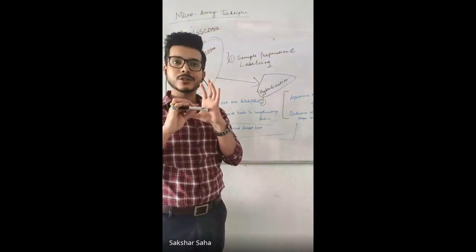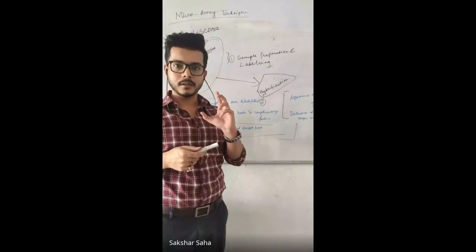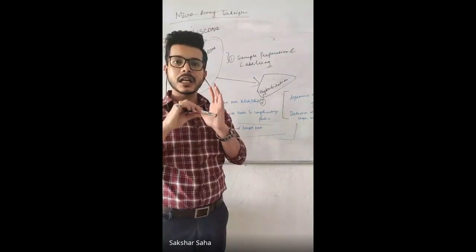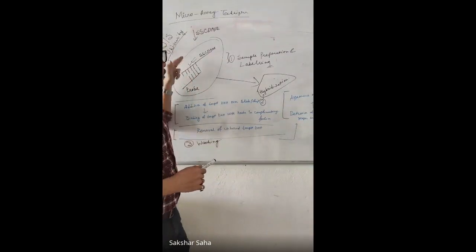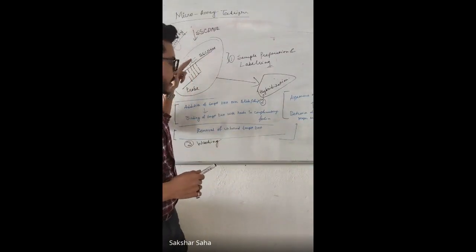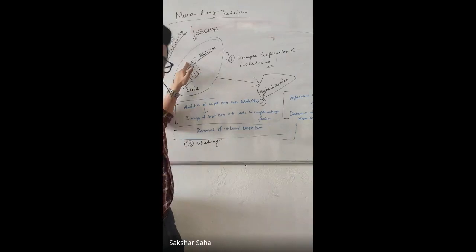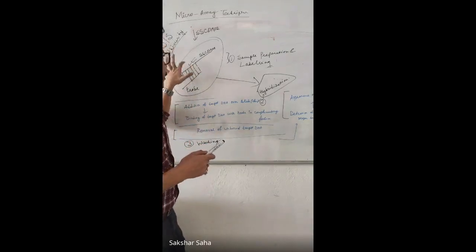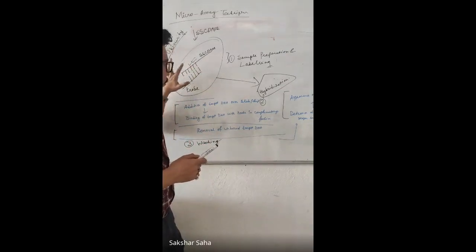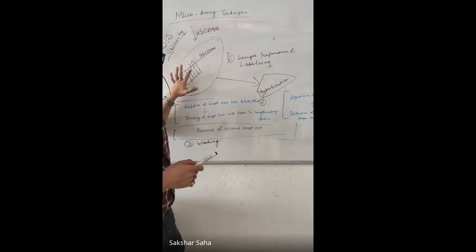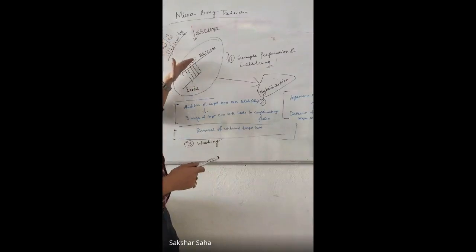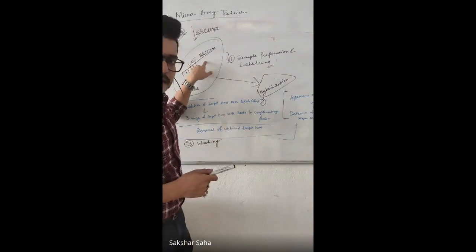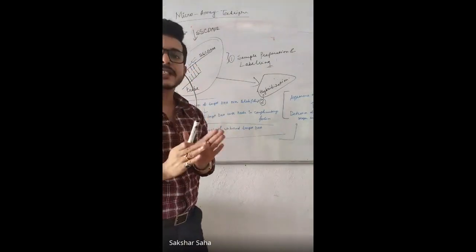That key only attaches to the lock and can open it. If we use another key, it will not open. So for a single probe, one complementary cDNA should be present, not more than one. It should attach to this one specific DNA. Then only will we get the right result.